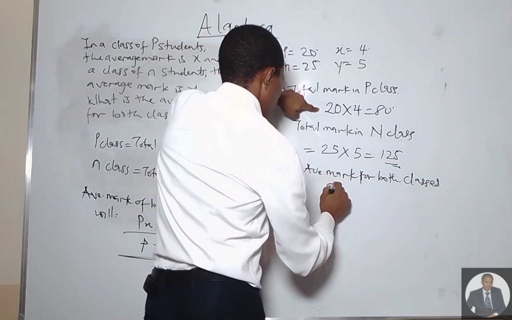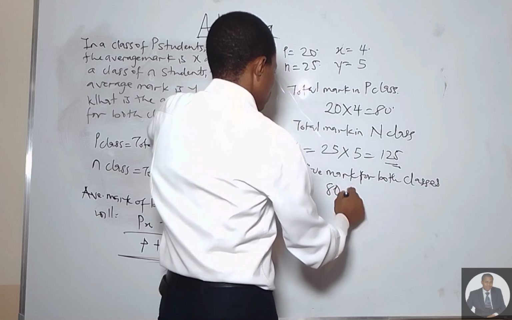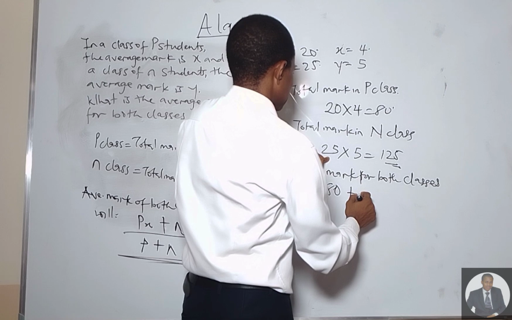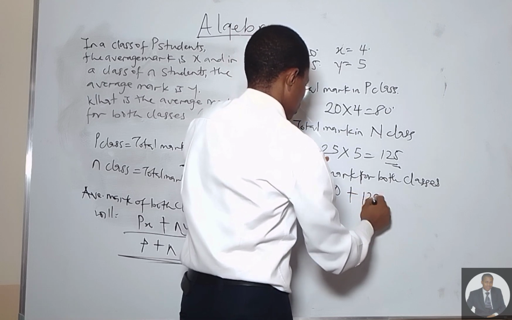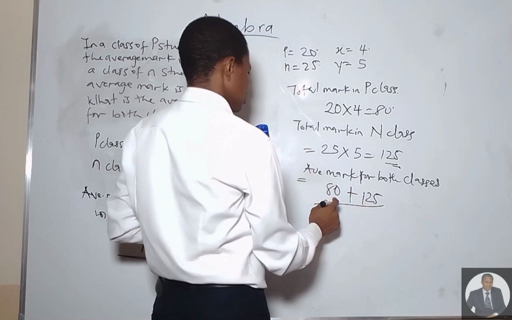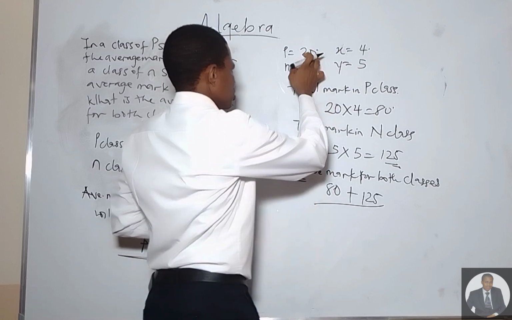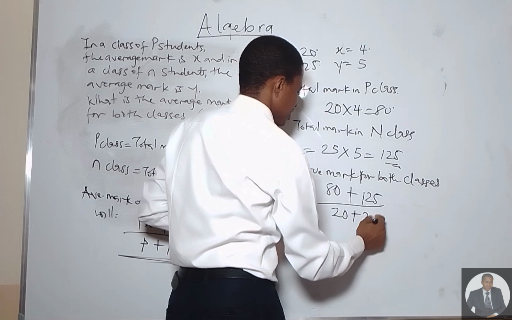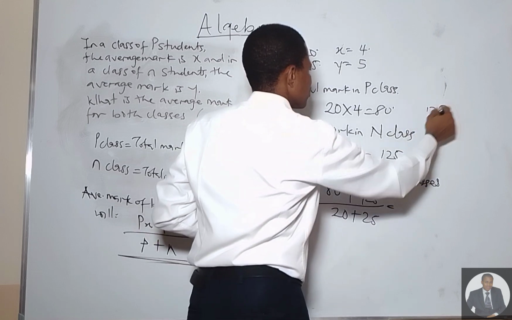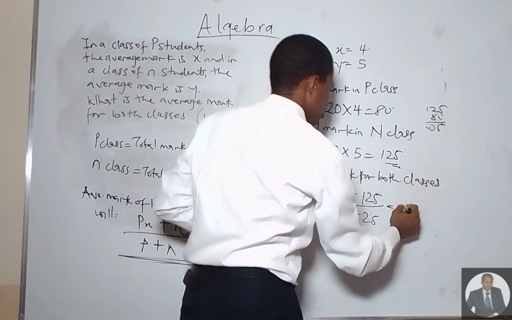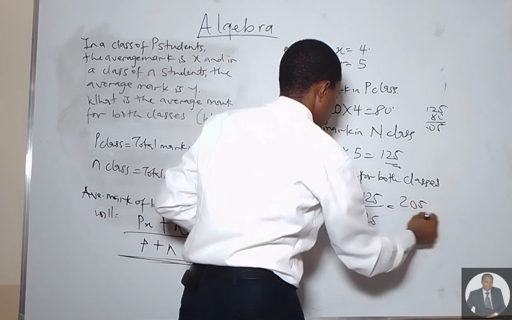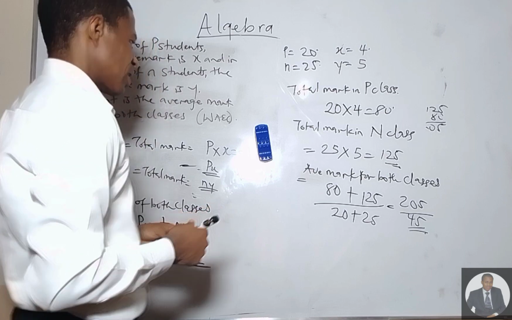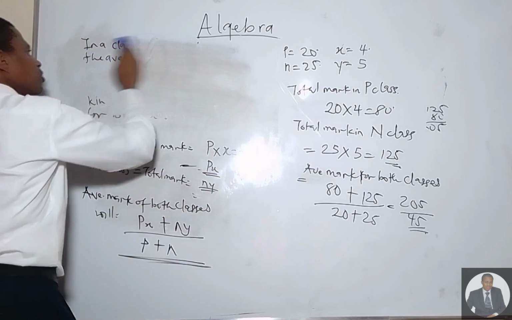Total mark of P class, 80, plus the total mark of N class, 125, divided by the total number of students in P class and total number of students in N class. That will be 80 plus 125, that's 205, all over 45. That will be the average mark. Let's look at another question.